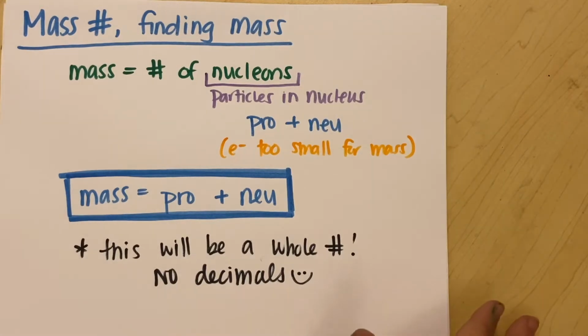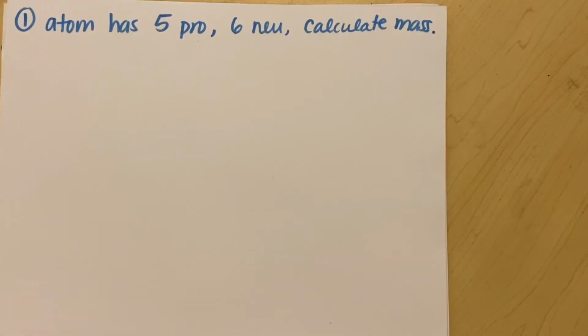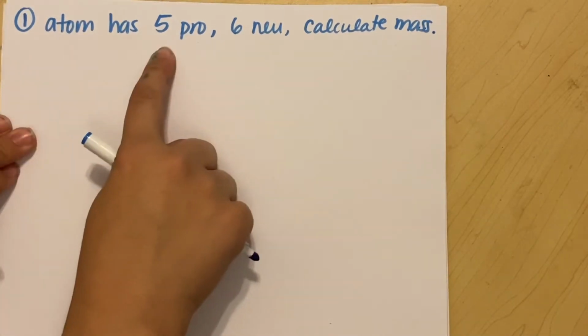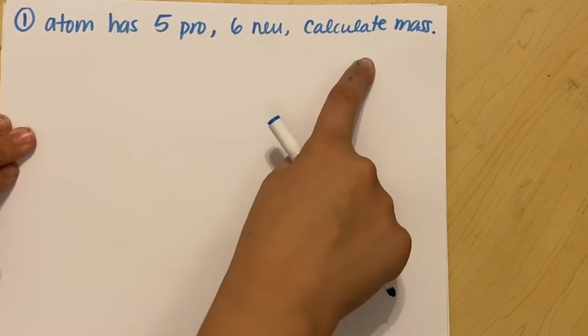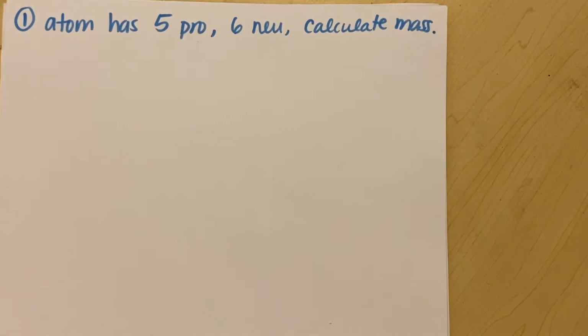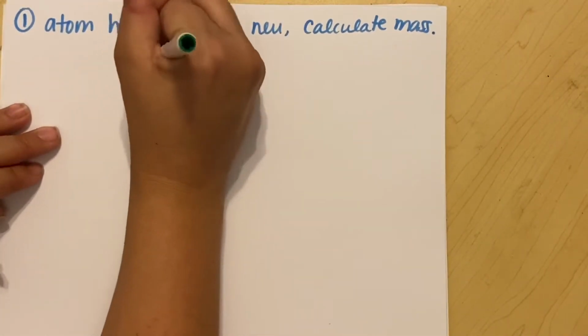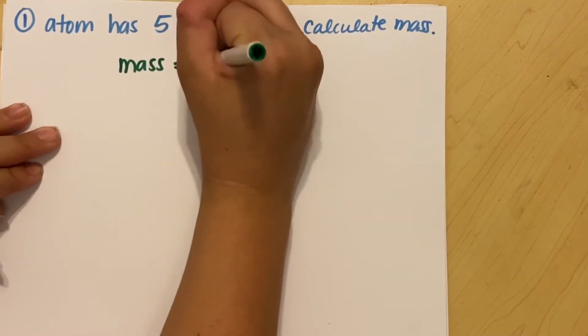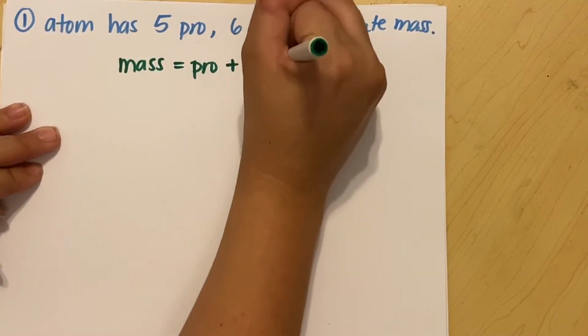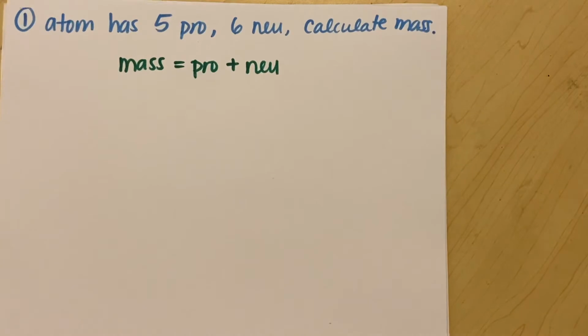All right, let's do some practice problems. The absolute easiest type of problem would be this: an atom has 5 protons and 6 neutrons, calculate the mass. I would recommend for every single mass question, just write out that the mass is going to equal your protons plus your neutrons, and now you just plug in.